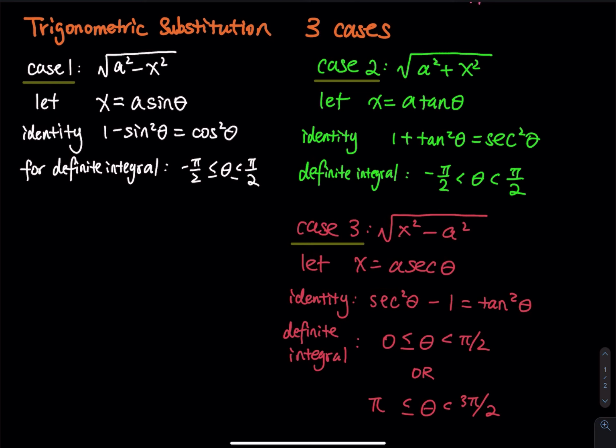After the integration is complete, the answer is in theta, but the given integral is in x. To go from theta back to x, you will have to use right triangle trigonometry. That's how trigonometric substitution works. Sometimes when you work on a definite integral, you will have to let theta be between one number and another number.